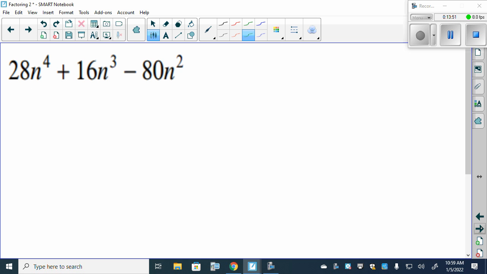That's similar. Let's look at this one here. Because this one here is a little bit different, not a whole lot, just a little bit. Is there a greatest common factor between these three terms? Give you a hint and say yes, there is. What can we say can go into all three?